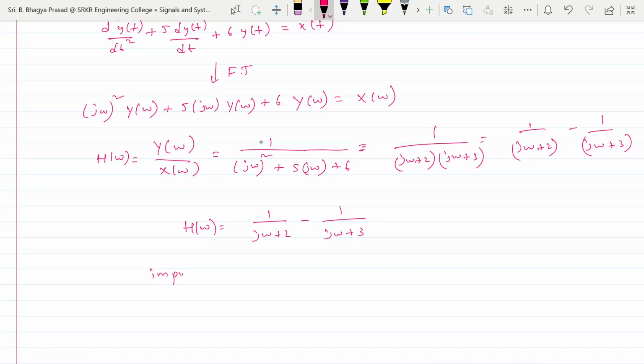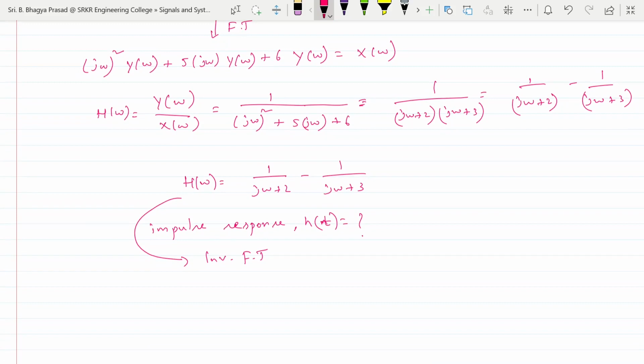We want the impulse response, that is h of t. So I perform the inverse Fourier transform.